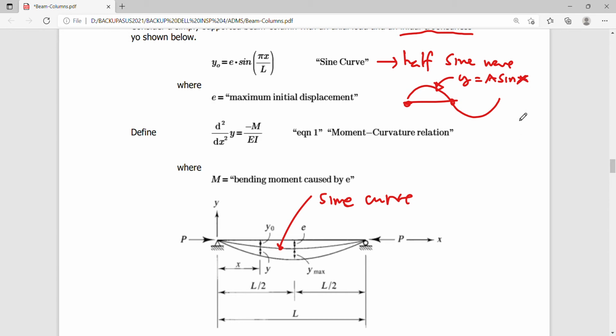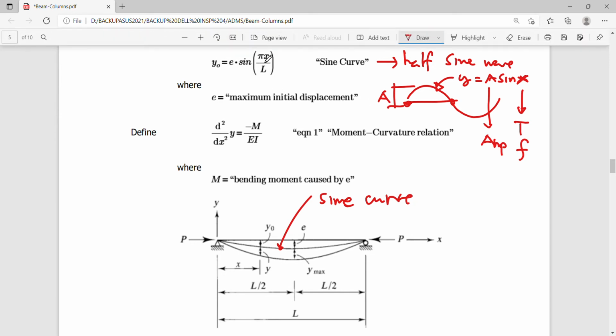So this defines your period T or your frequency F, and this defines your amplitude, simply your maximum height here. So this is the amplitude A. So this is now A sine x, and A is simply the maximum amplitude, which is e.